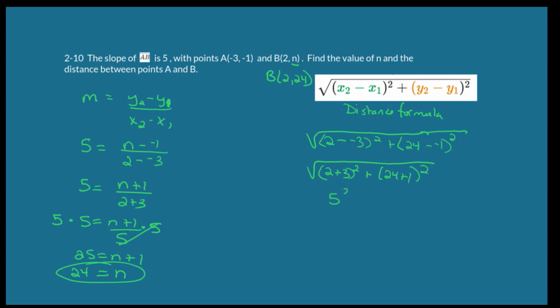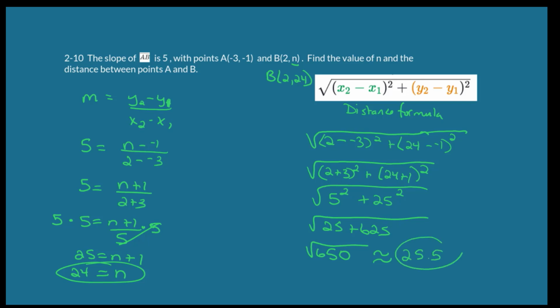So that's 5 squared plus 25 squared. Okay, and so that's 25 plus 625. So that is 650. So the square root of 650, which equals approximately 25.5 units, whatever that unit is, okay?